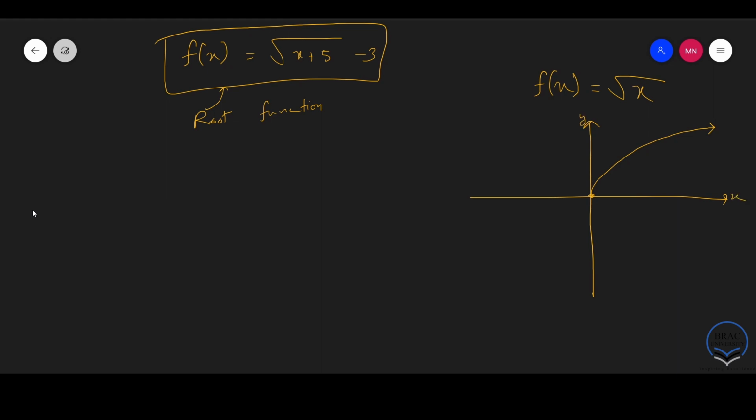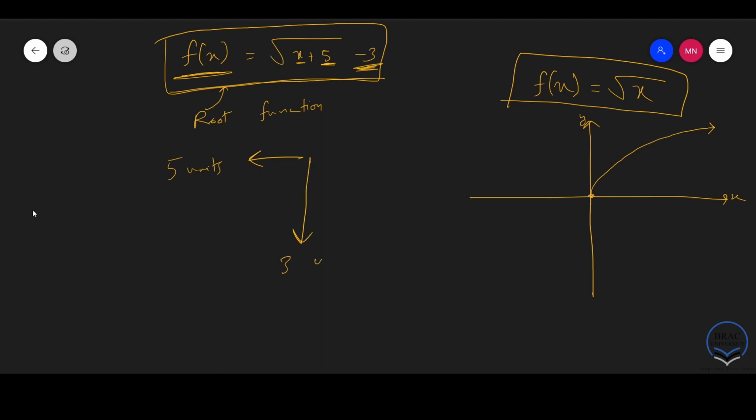right? So now, as you can see here, for this function, we're adding 5 units to the variable x inside of our function, right? So that means that we're going to be shifting the graph of this function by 5 units to the left, right? And then we're subtracting 3 units from the function itself. So because of this, we're then going to be shifting the graph vertically downward by 3 units.